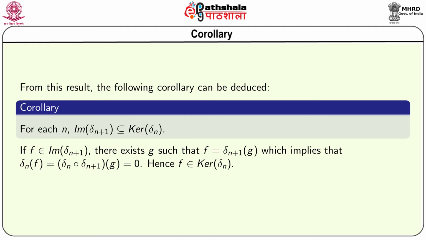If we take a member of the image of ∂n+1, call it f, then there exists some g such that f is equal to ∂n+1 of g, which implies that ∂n operating on f is equal to ∂n∘∂n+1 operating on g, and that is equal to 0. Hence, that element f is in the kernel of ∂n. So, the image of ∂n+1 is contained in the kernel of ∂n.